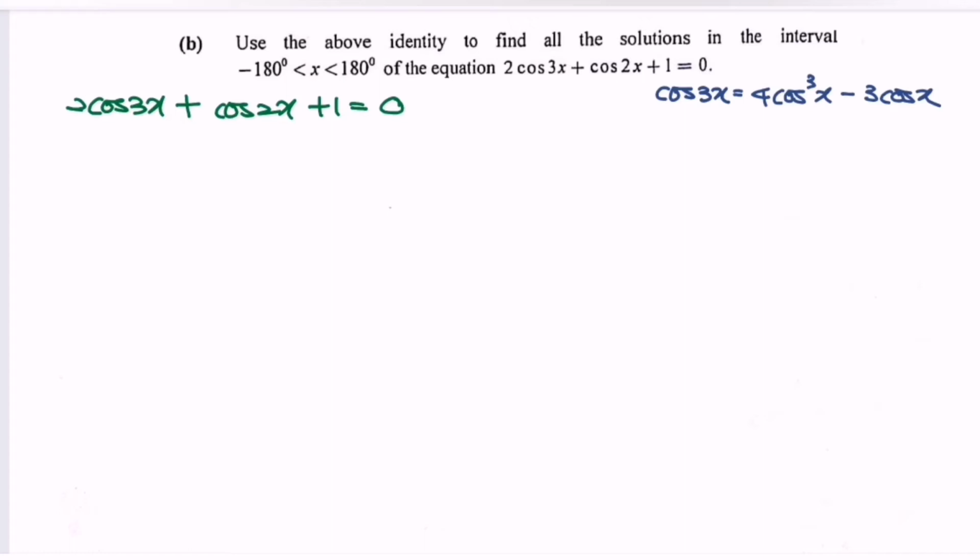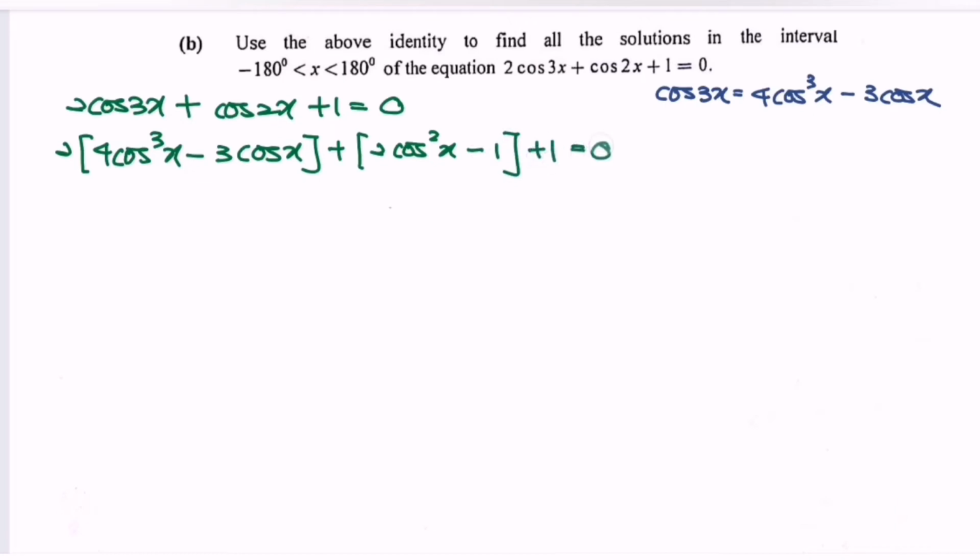Kindly substitute. So we will have 2 multiplied with 4 cos cube x minus 3 cos x plus the expression. As we all know, for cos 2x we have 3 expressions for the double angle. My suggestion, I will pick 2 cos square x minus 1, plus 1 equals 0.